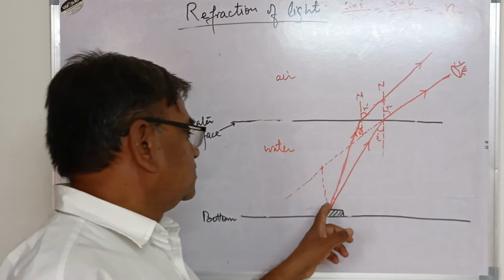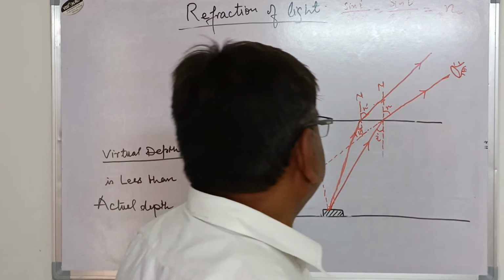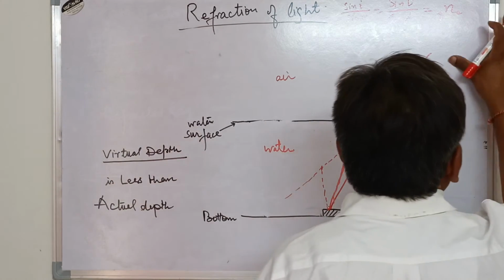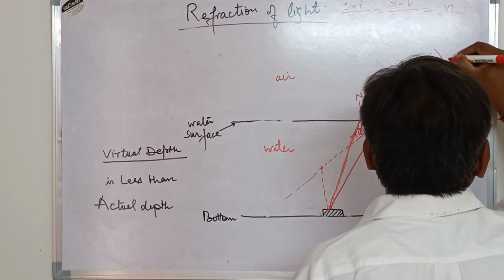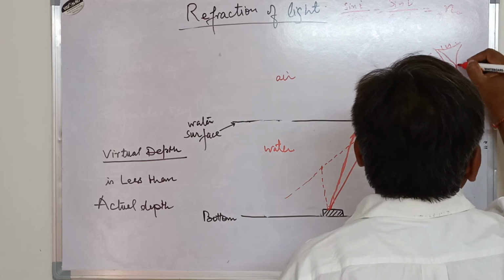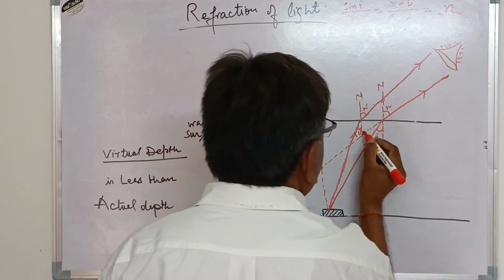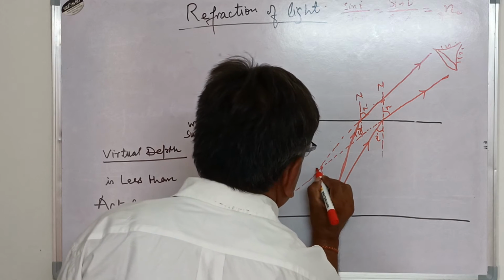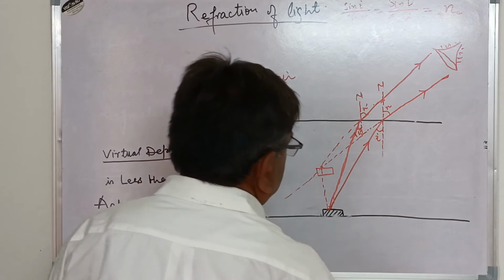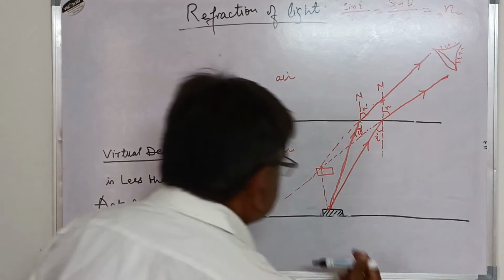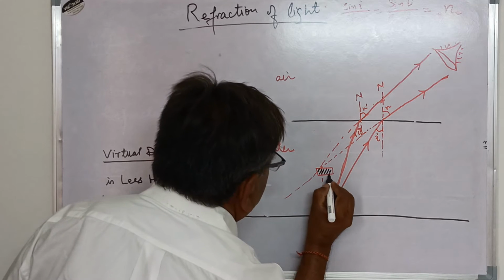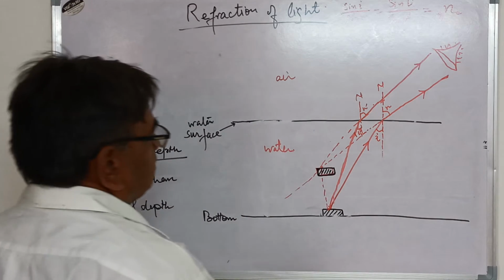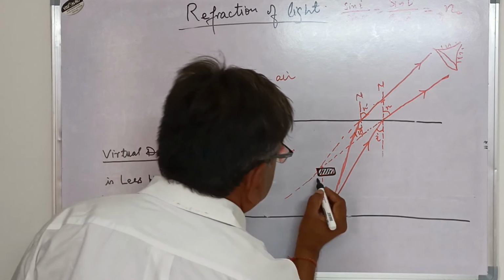The rays start from a denser medium and go into the rarer medium. So what happens when a person looks from here? These rays seem coming from here. We will see that the coin is put here, and virtually we feel that the depth of the bottom is here.